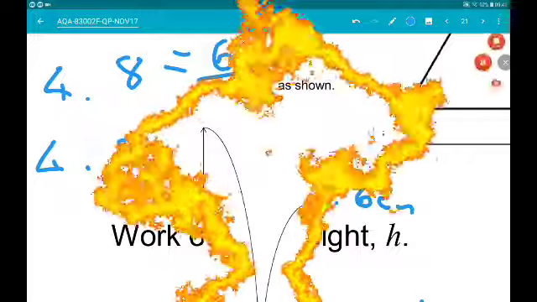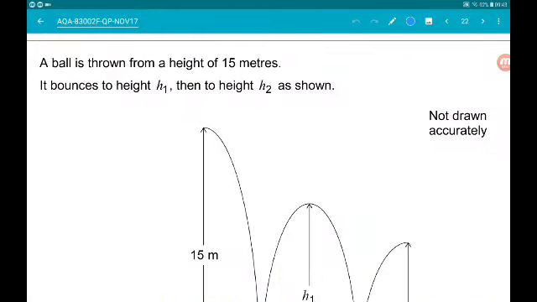Cool. Okay, 26. A ball is thrown from a height of 15 meters. It bounces up to height h1 and then to h2.